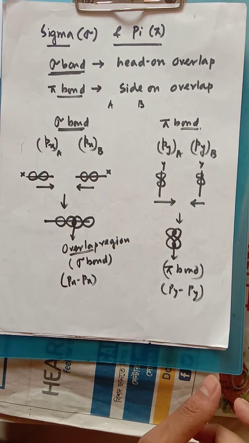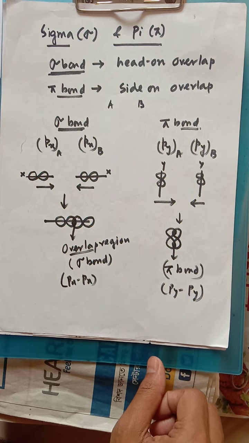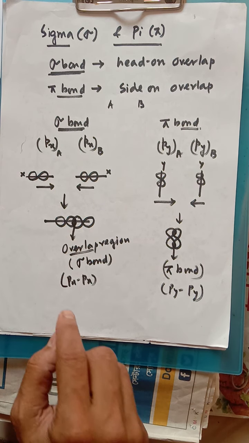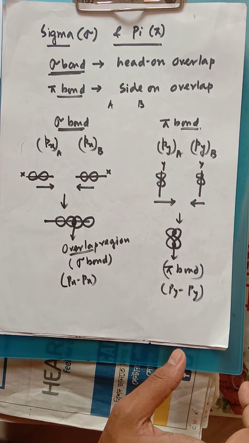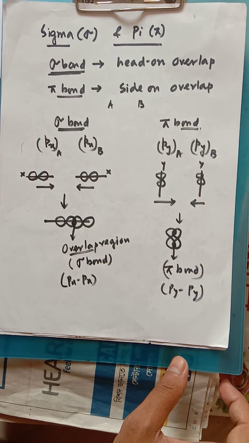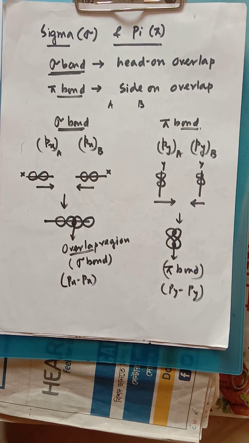But one thing we have to remember: whenever one axis of an atom's orbital is involved in a sigma bond, the other axis cannot show the same type of bond. That means a sigma bond cannot be shown further. Let me consider one more thing.